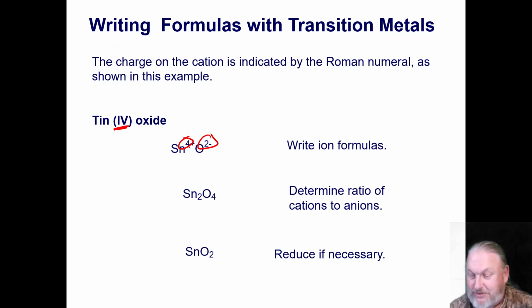So now we're going to crisscross it. 4, 2. So I've got Sn2O4. Okay, that's not the lowest whole number ratio, is it? I can divide everything by 2, and it's going to come up with Sn1O2. And that's what we're going to write, SnO2. One's understood.